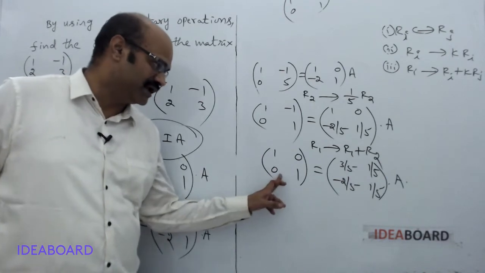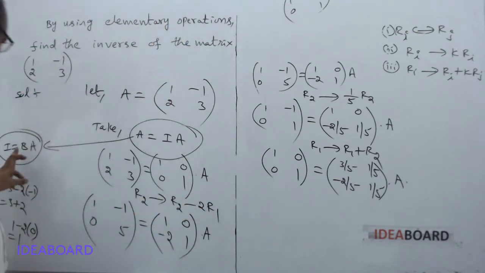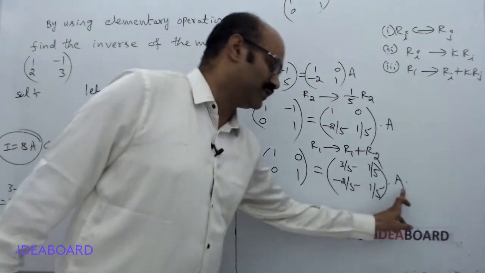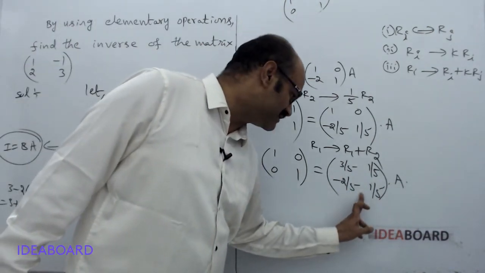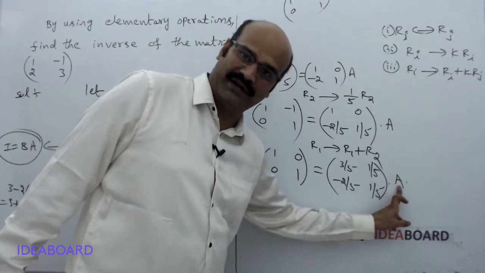Therefore now here we are getting I equal to B into A, so this matrix is said to be inverse of this matrix.